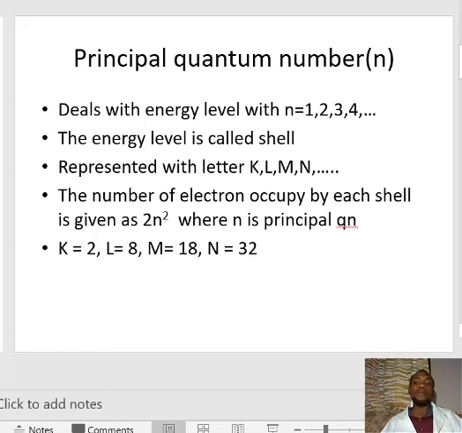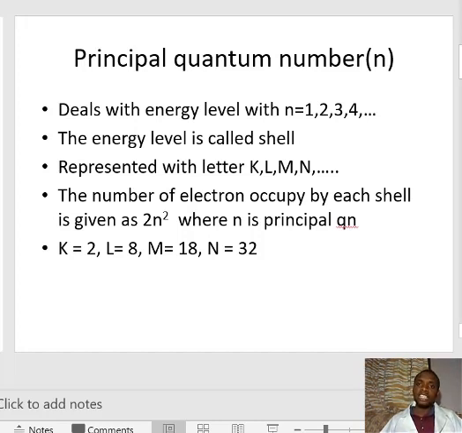The principal quantum number deals with energy level. That is, electron occupy a certain energy level with n equals 1, 2, 3, 4, meaning we have energy level 1, energy level 2, energy level 3, energy level 4, meaning electron occupy these energy levels. This energy level is called shell.